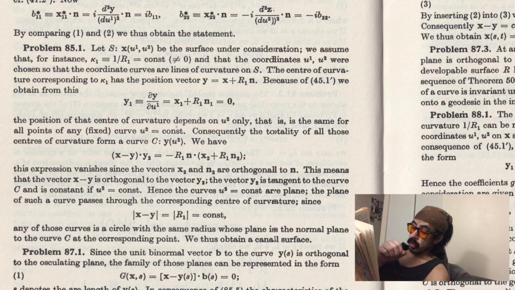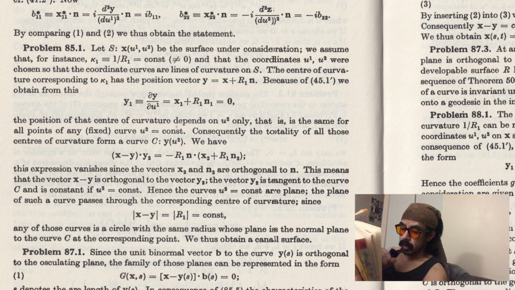This expression vanishes since the vectors x2 and n2 are orthogonal to the vector n. This means that the vector which is the difference between the vector x and the vector y is orthogonal to the vector y2. The vector y2 is tangent to the curve capital C and is constant if u2 is a constant. Hence, the curves where u2 are equal to a constant are plane.